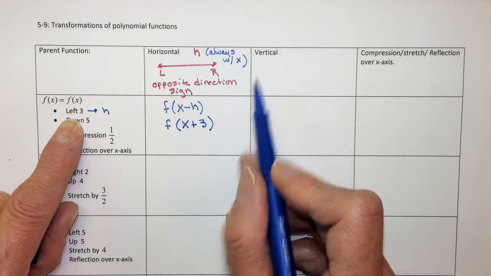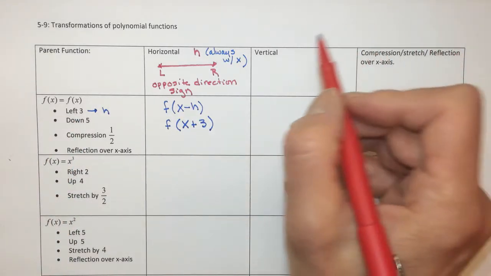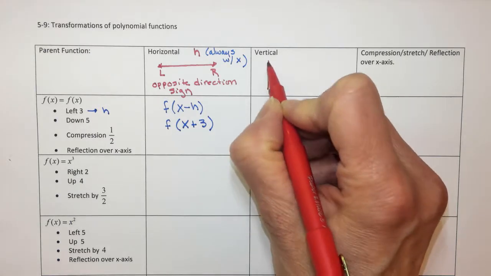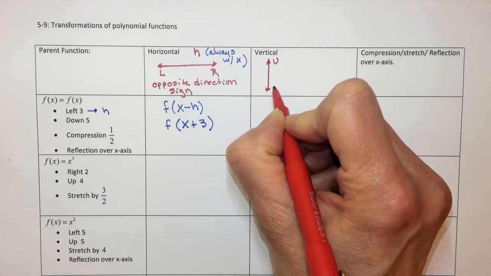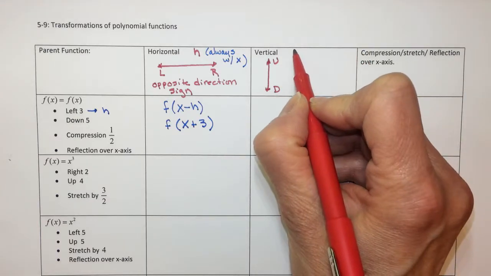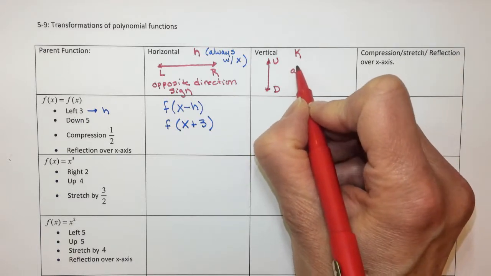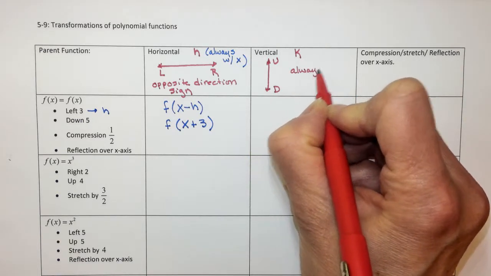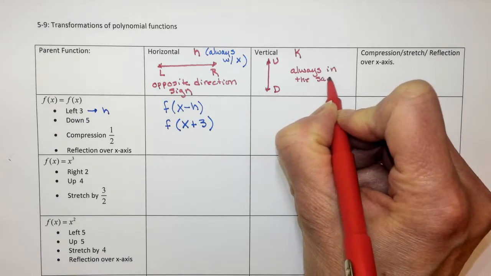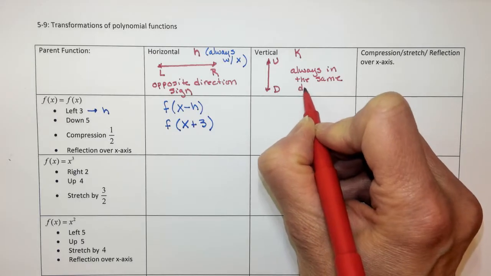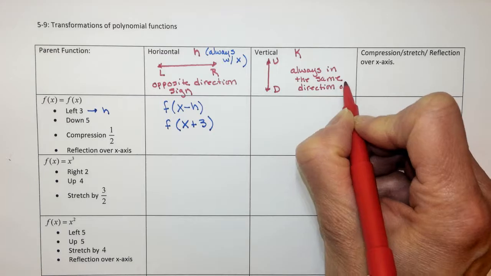Now we're going to add on and do a vertical shift to that. So vertical shift means up and down. This is up and this is down. The letter we're going to use is the letter K, and it's always in the same direction of the sign.